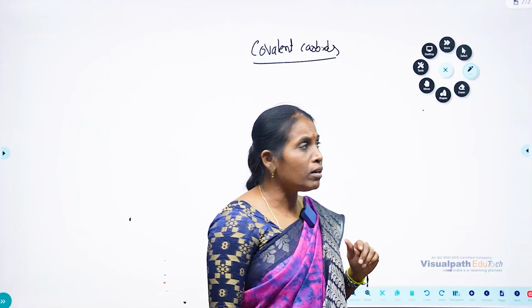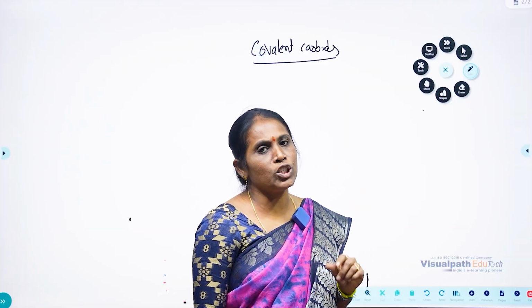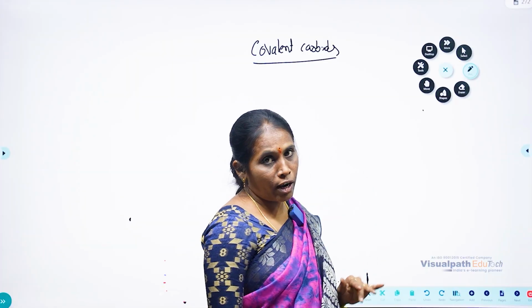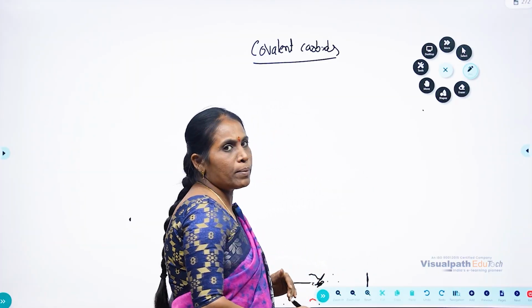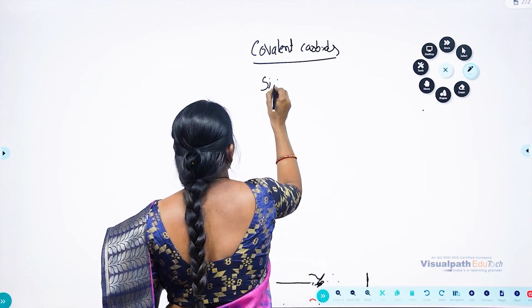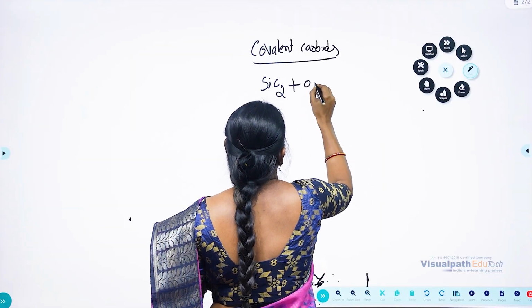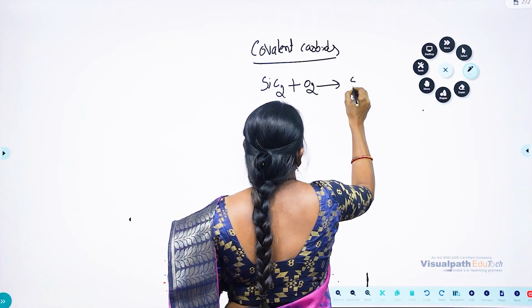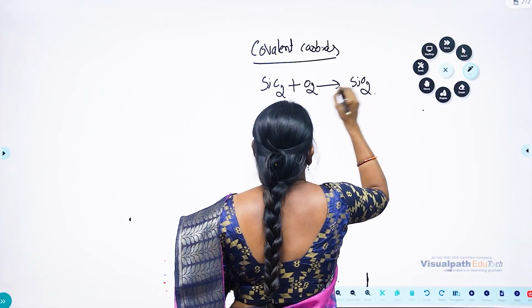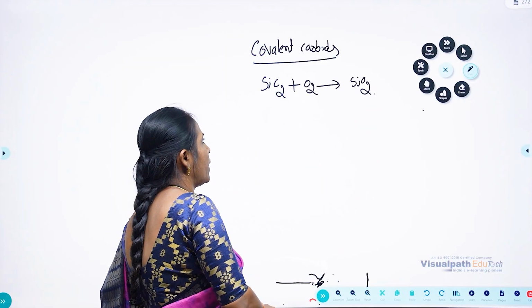So here the best example is silicon, that is silicon carbide. It reacts with oxygen and forms silicon oxide. It is the example of the covalent carbide.